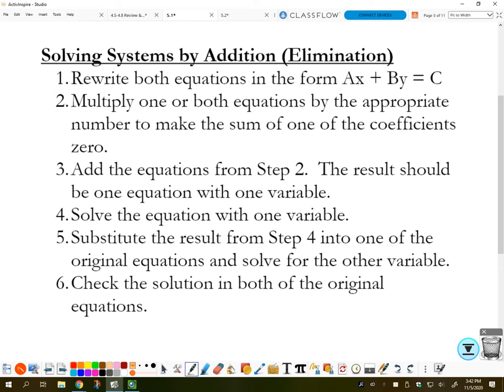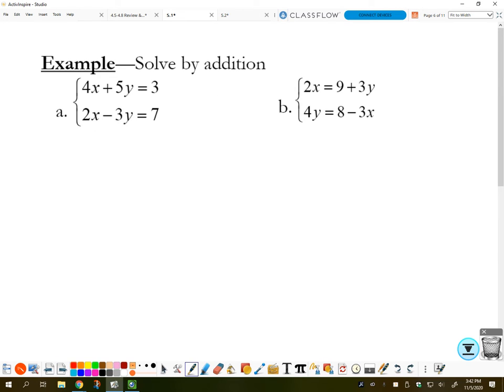So pause the video, write those down if you need to. Otherwise, just follow along and you'll pick it up. You've learned it a couple of times. Alright, so using the addition or the combination method, you're going to combine your equations to make a variable disappear.